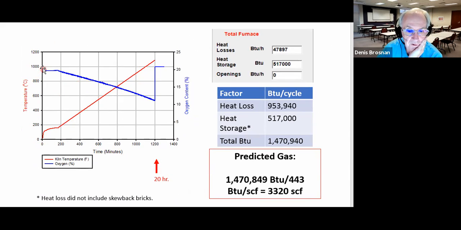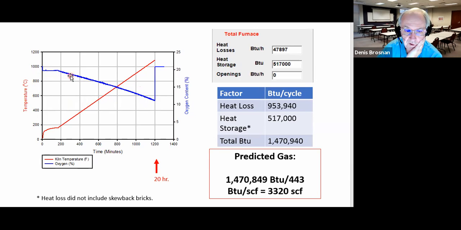Interestingly enough, you can see that this Kiltel instrument has an oxygen measuring capability, an oxygen meter with it. And right when we lit the burners off, we're at a pretty high percent of oxygen, certainly over 15% oxygen. So we didn't start out on ratio with this particular kiln.